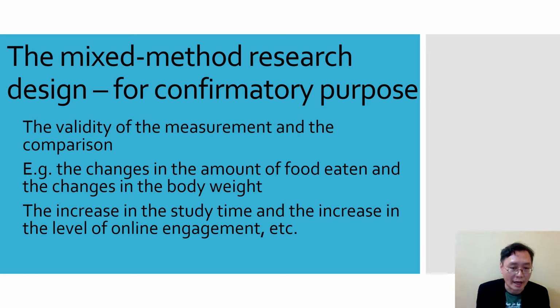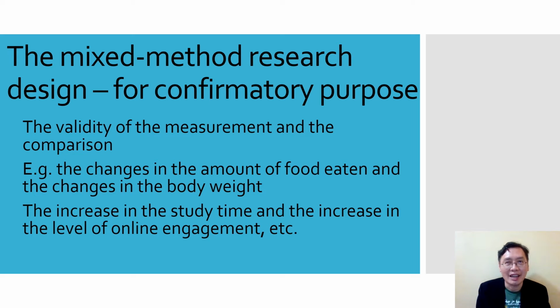So before we look at the design of the mixed method research for confirmatory purpose, a few important principles that you need to think about. That is the validity of the measurement that you want to use, as well as the validity of making the comparison. Here are 2 examples that I want to share with you. For example, you compare the changes in the amount of food eaten and the changes in the body weight. Especially for some people who want to lose their body weight, sometimes they are very curious.